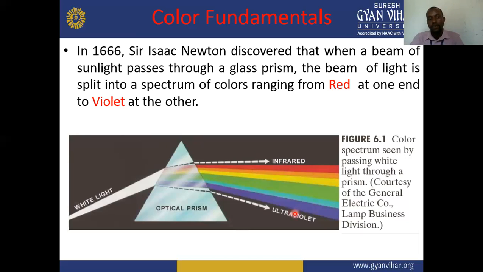Okay, so when this white light is dispersed, this process is known as dispersion of light. So whenever it is dispersed, it forms a range of colors from red at one end to violet at the other. Okay, so this is what is referred to as the color spectrum.